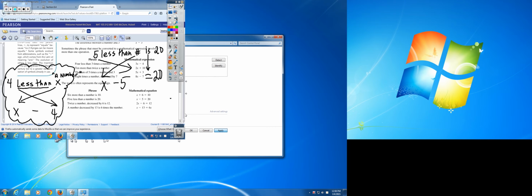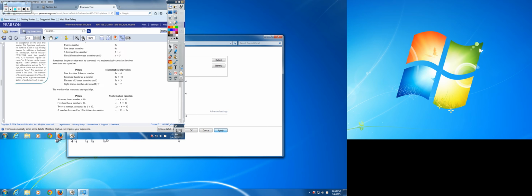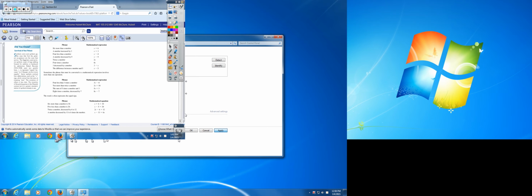Alright, let's look at some other types. Let's not just look at examples on this. I'll tell you whether it's an example worthy of a test or not.